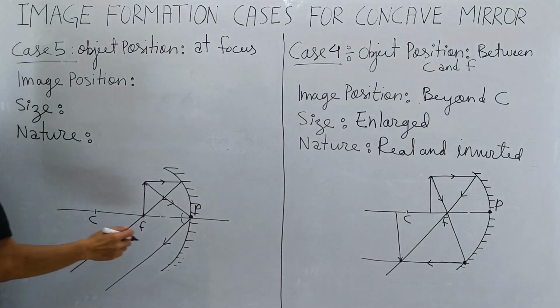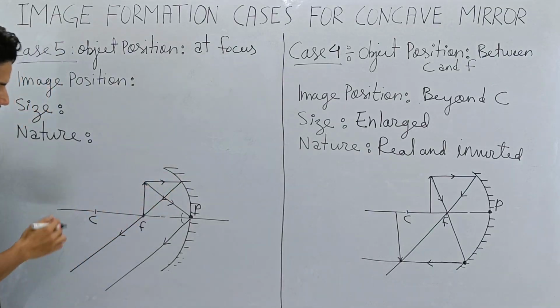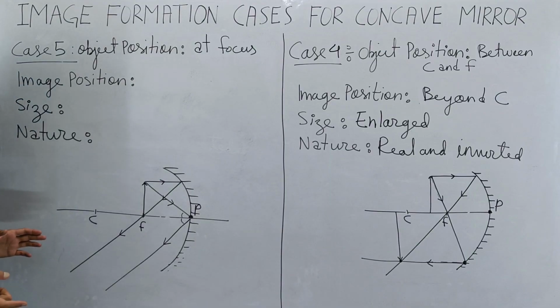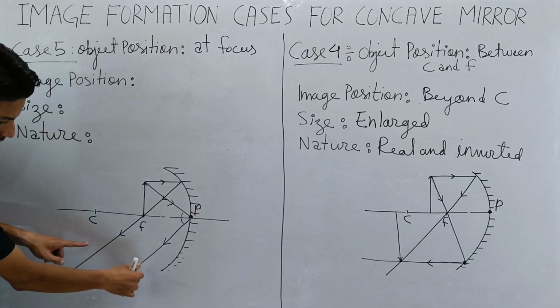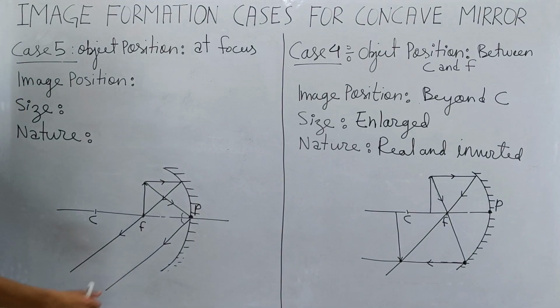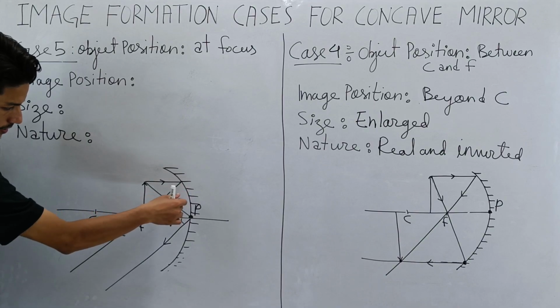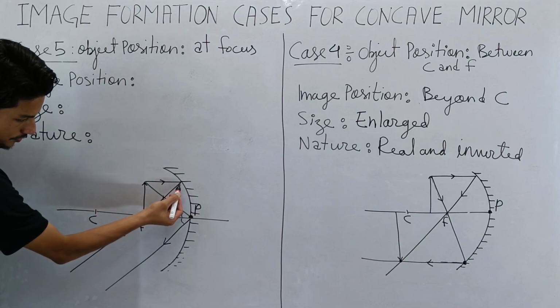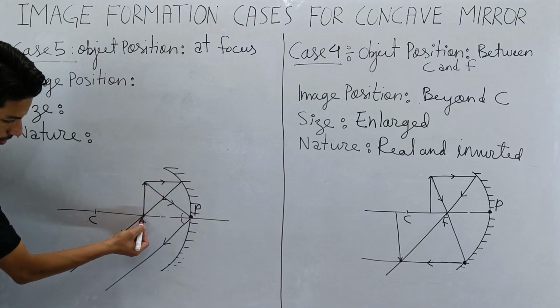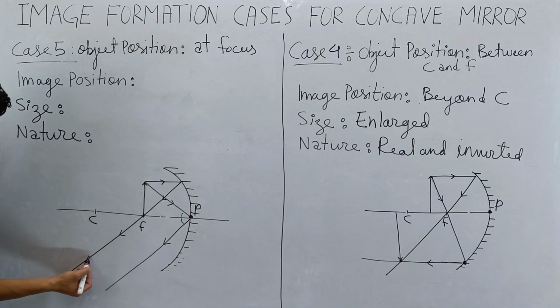Now the object is kept at focus. Where will the image be formed? You know that the image is formed where the two reflected rays meet. Look at the two reflected rays in this case. This is the first reflected ray; it passes through focus and heads in this direction.